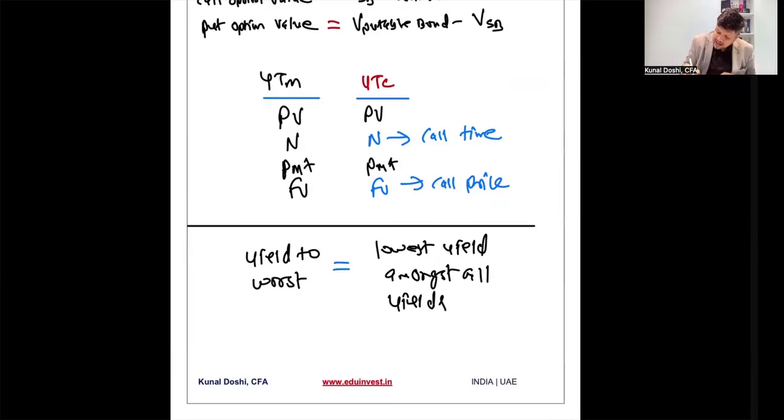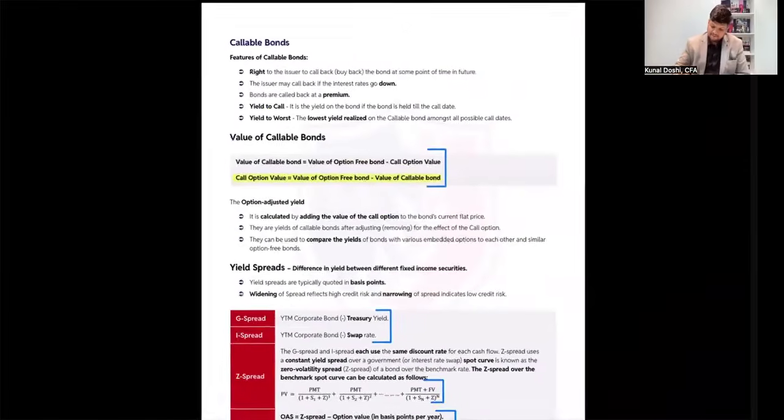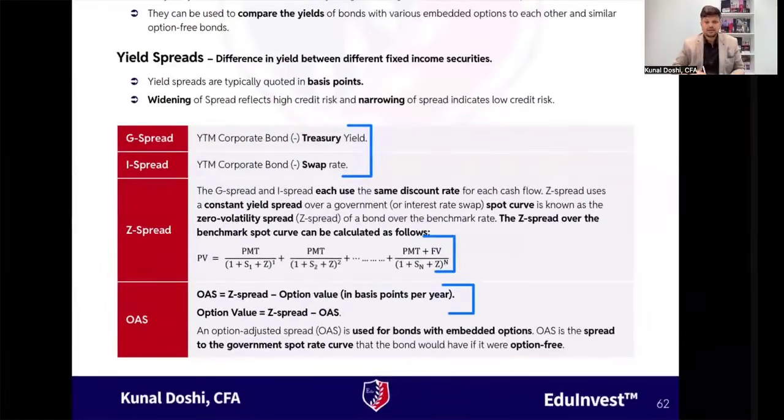All yields means I include YTCs and YTMs. Amongst them, whichever is the lowest, that is called yield to worst. Good, everyone? Understood, everyone? Check, confirm. Right?